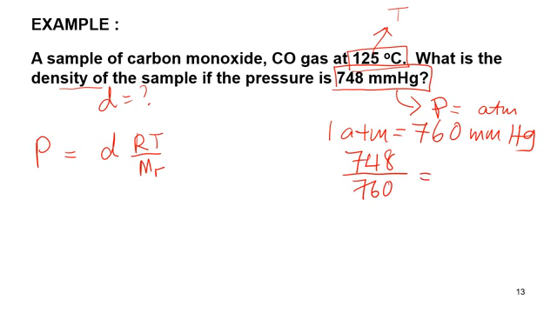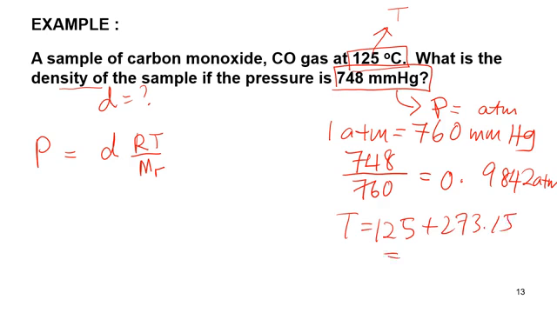Pressure of the sample equals to 0.9842 atm. Okay, so pressure mesti convert atm. And then temperature awak, kita convert 125 tambah 273.15. So, dapat berapa? 398.15 Kelvin. Okay, so kita substitute to the formula.